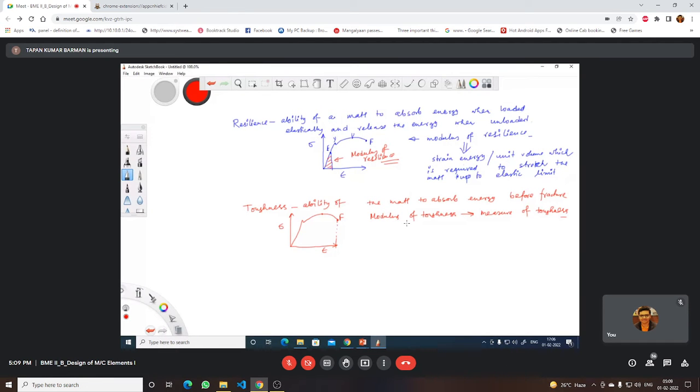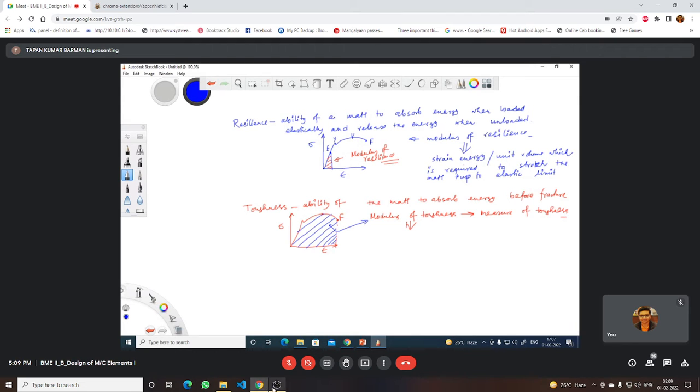Now, what is modulus of toughness? The total area under the stress strain curve up to fracture, that area is basically the modulus of toughness. So this area. Okay, so this is basically modulus of toughness.